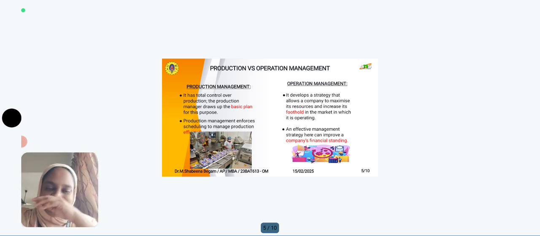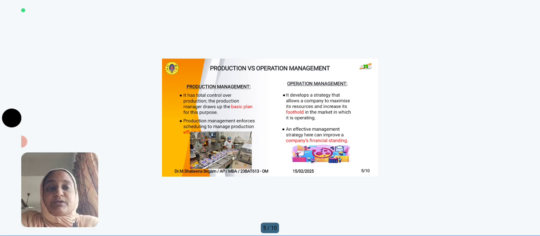Production versus operations management. Production management is the concept where it has total control over production. The production manager draws up the basic plans, what the purpose is and what goal is to be achieved. Production management also enforces scheduling and efficiency. Whereas operations management develops a strategy that allows a company to maximize its resources and increase its foothold in the process.